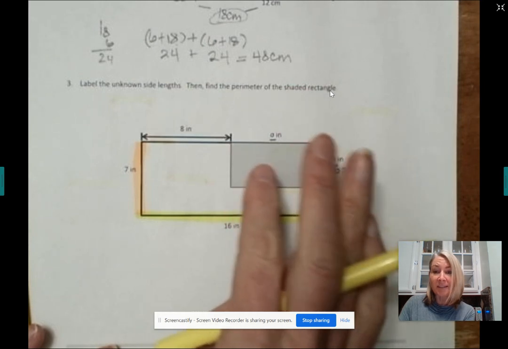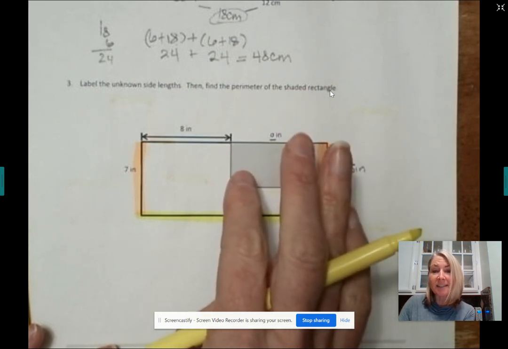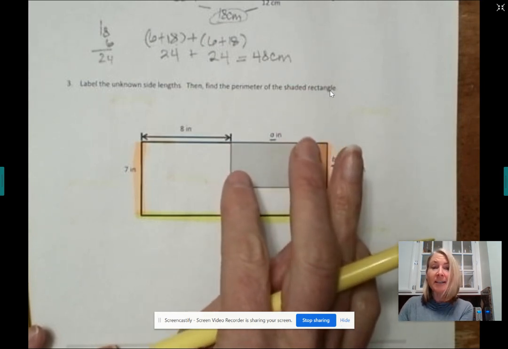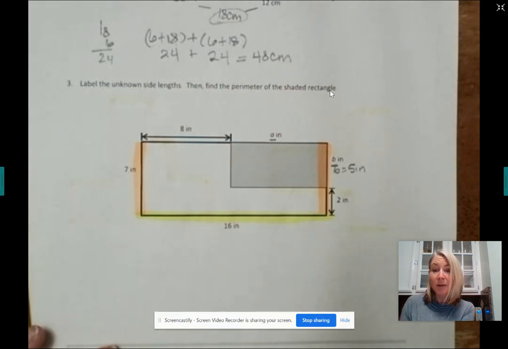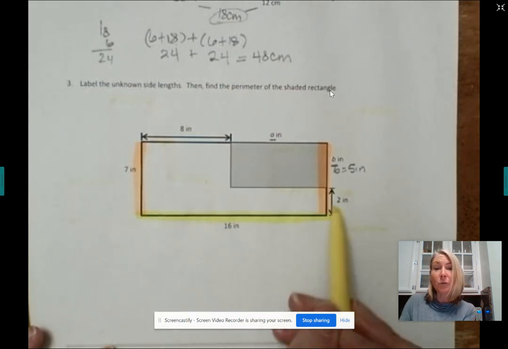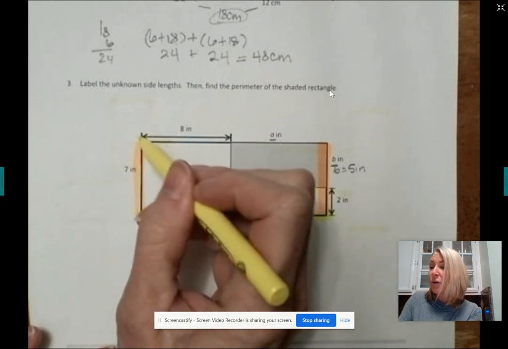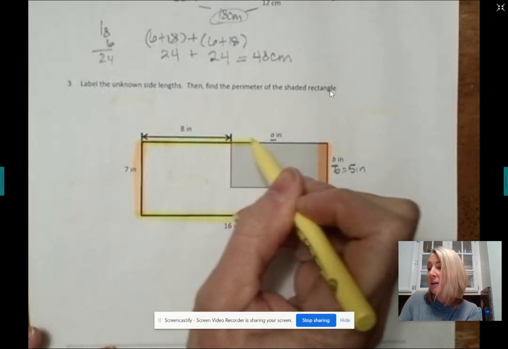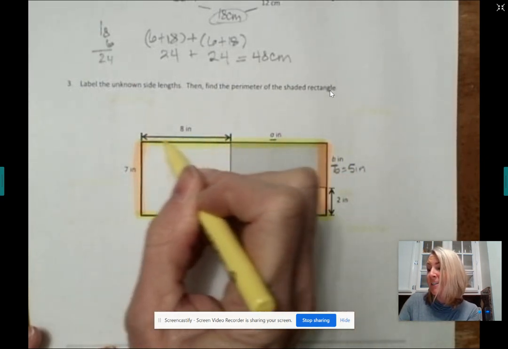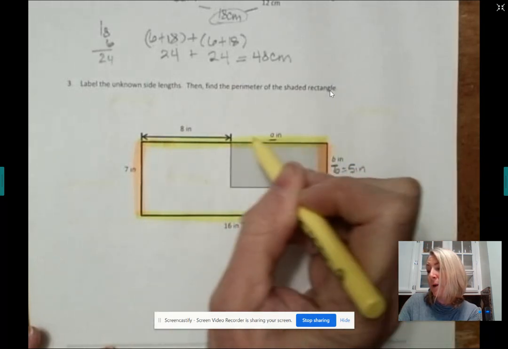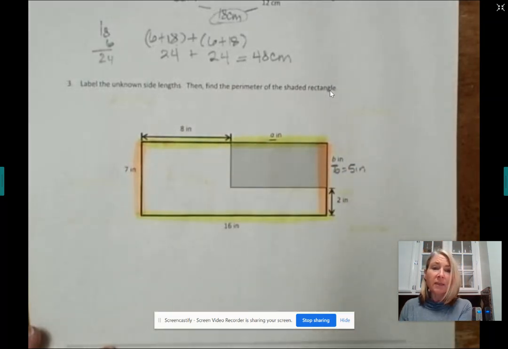You don't want to get stuck in this trap, right? Because they like to see, are you paying attention? Do you really understand what perimeter is? Yes, we do. Thank you very much. We know it's only the outside edge. So you can go ahead and shade that figure all you want, but I know I just need this line, Mr. Problem Set.